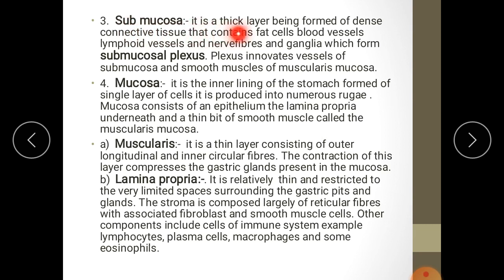It's a thick layer formed of dense connective tissue that contains fat cells, blood vessels, lymphoid vessels, and nerve fibers and ganglia which form the submucosal plexus. The plexus innervates vessels of submucosa and smooth muscles of muscularis mucosa.